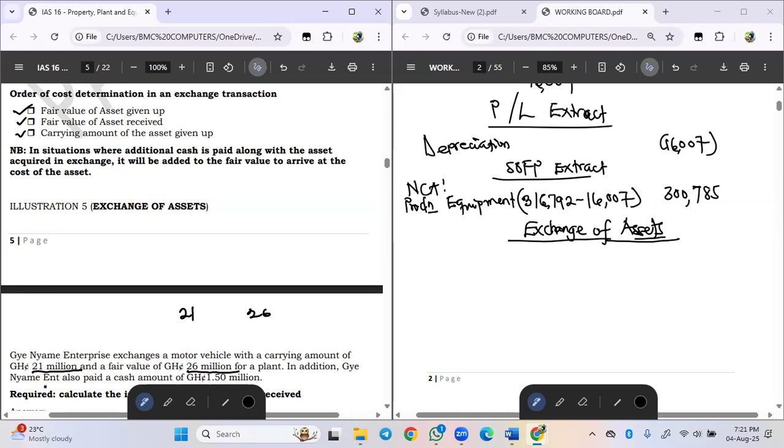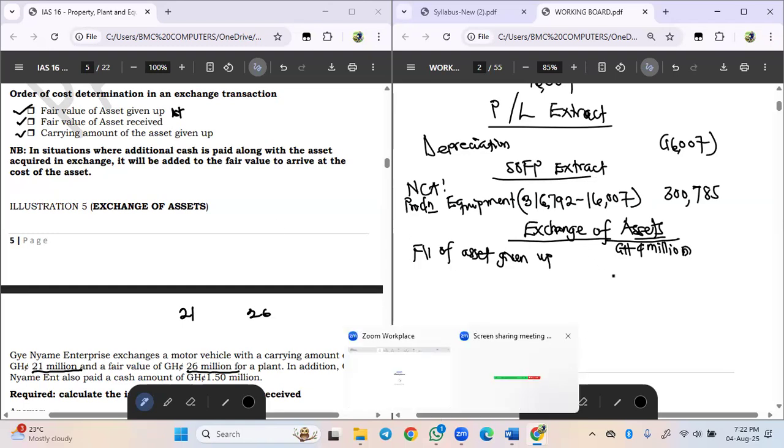Jinyami paid an amount of cash, 1.5 million, and this is how you are going to record it. So let's look at the initial recognition. We are saying the first order to use is the fair value of the asset given up. So we have millions here. The fair value of the asset given up is 26 million.